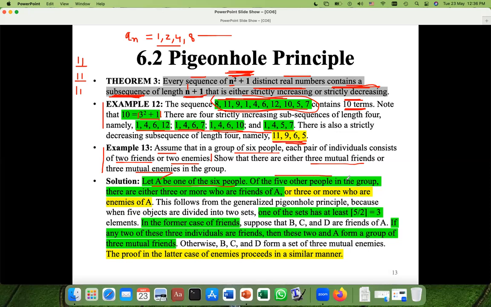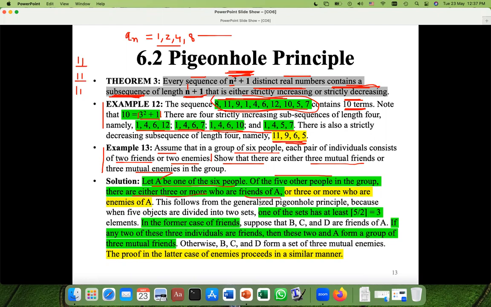Now in these remaining 5 people, it can happen that there would be either 3 or more who are friends of A. According to that assumption, in these 5 people, 3 or more can be friends of A, or 3 or more can be enemies of A. We only have to show that either 3 mutual friends or 3 mutual enemies are possible in the group.